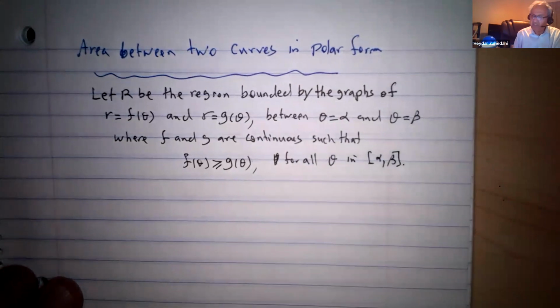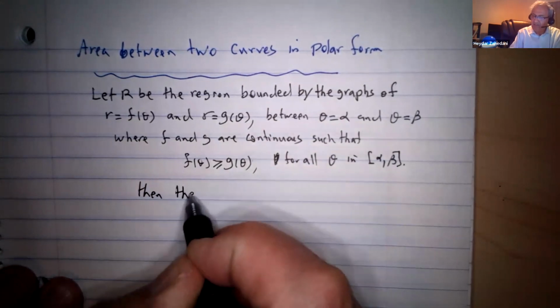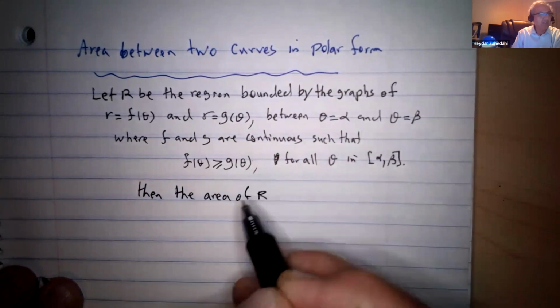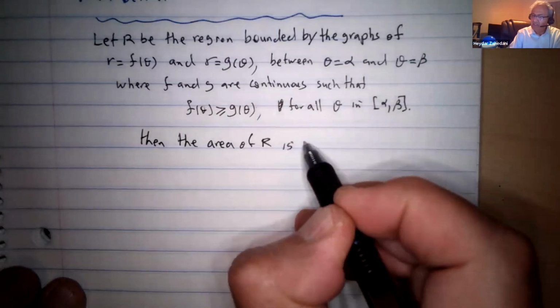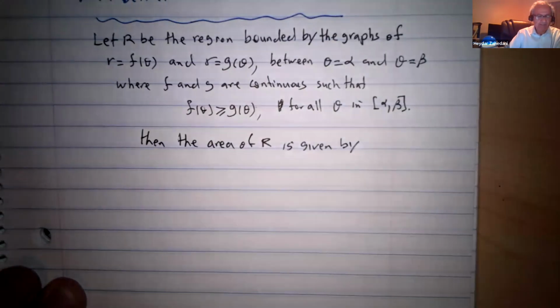If this is the case, then the area of R, the region between two curves, is given by the difference between those two.